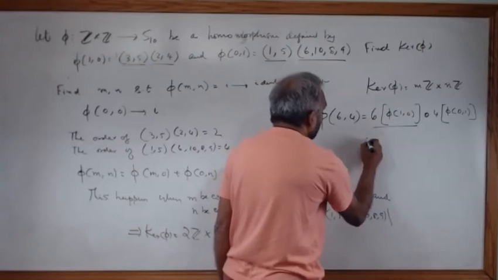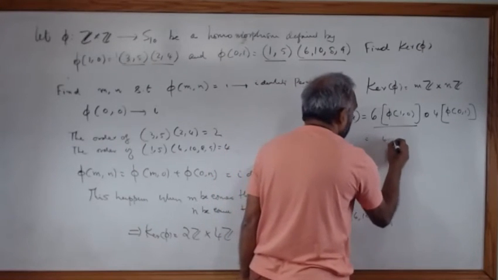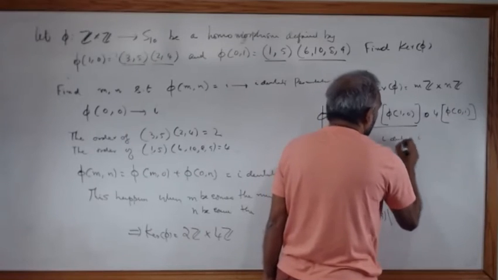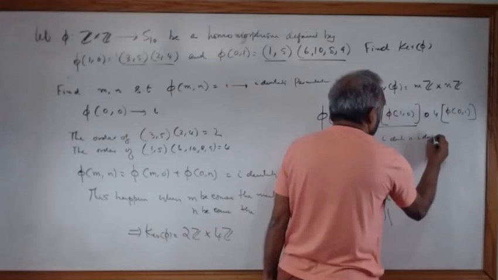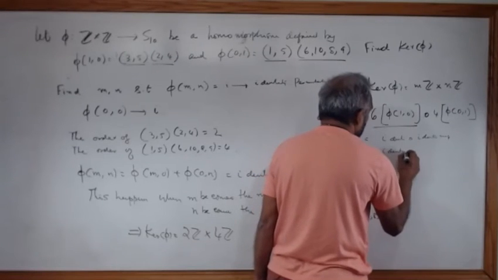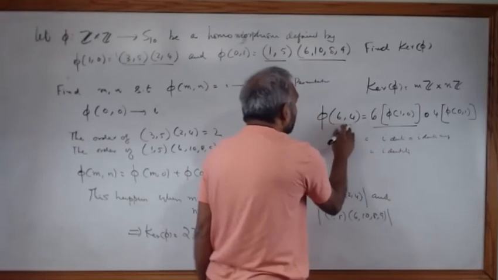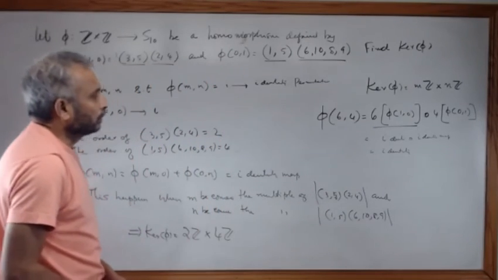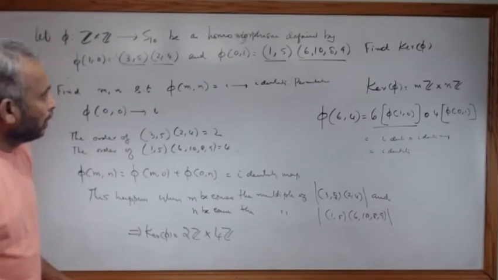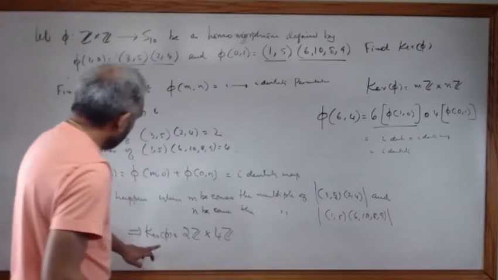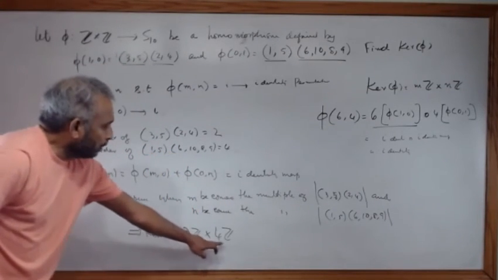So this is an identity map after another identity map, and that is equal to identity. And if you take any other element other than this, you are not going to hit this. So the kernel of phi is 2C times 4C.